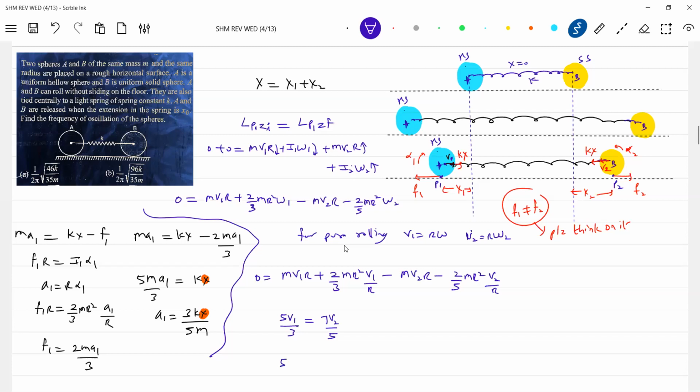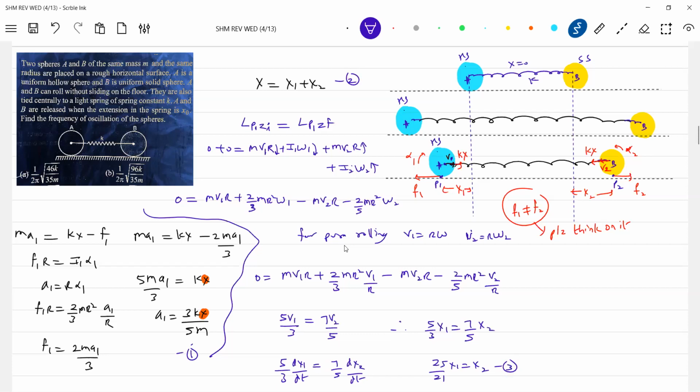Now from this, I can also write, therefore finally, we'll get 5 by 3 x1 equal to, we wanted x2, no? So this will be 25 by 21. This is equation 1, 2, and this is 3.